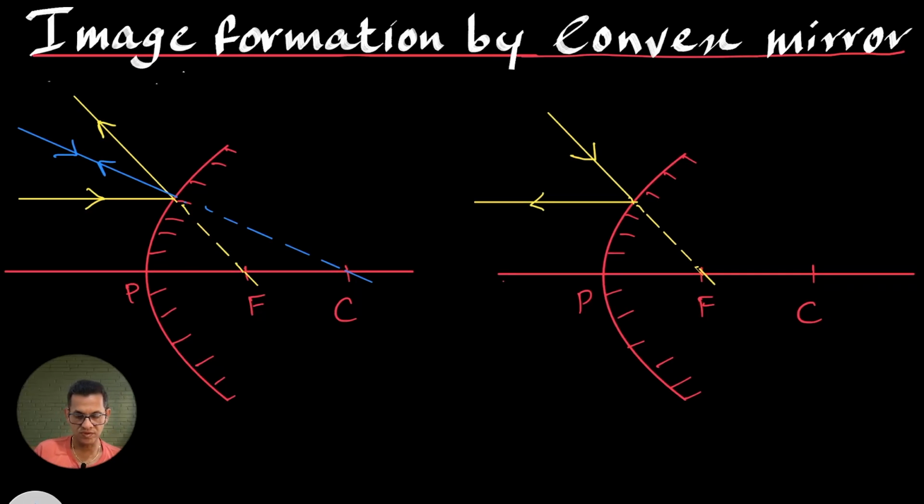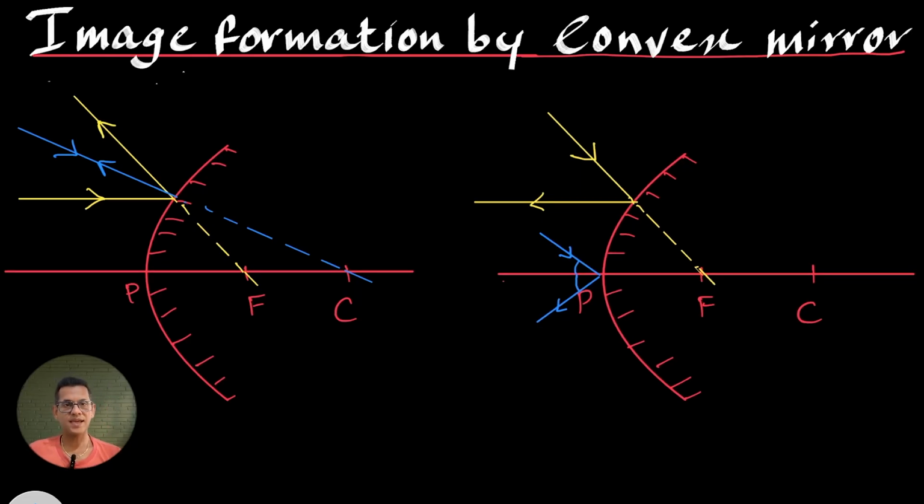And the fourth rule is like the fourth rule that we saw in the concave mirror, that if a light ray hits the pole of the mirror, basically it is going to create an angle with the principal axis, and it is going to reflect by maintaining the same angle with the principal axis.